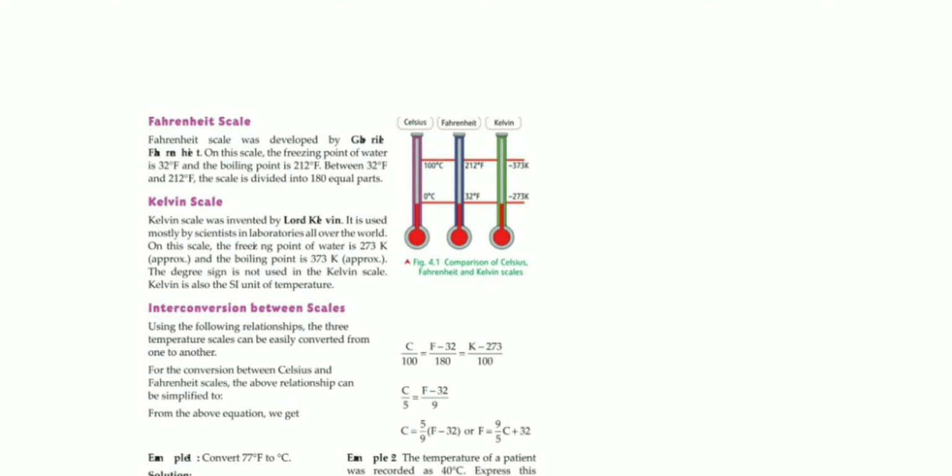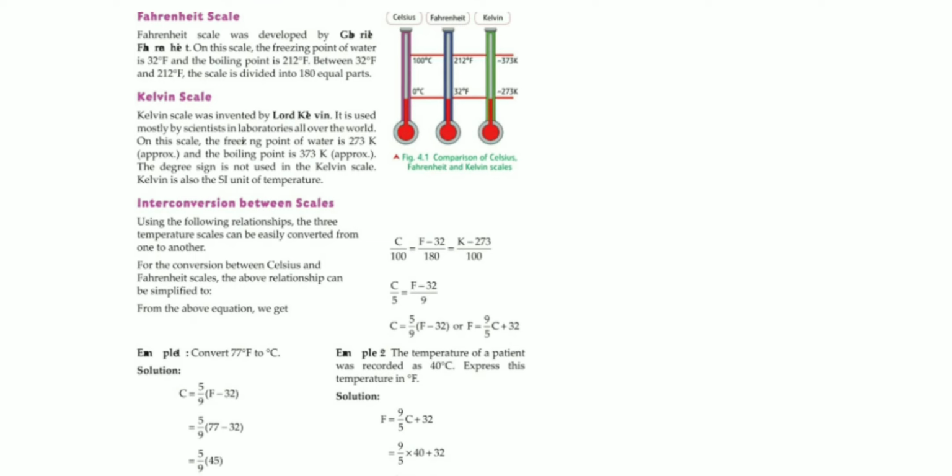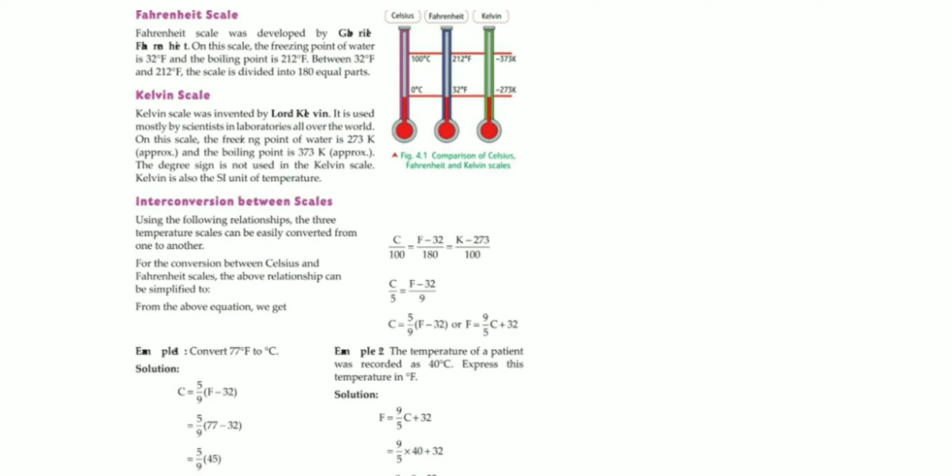Now in order to simplify it, that is for the conversion between Celsius and Fahrenheit scale, the above relationship can be simplified as, for example, here you know C by 100 is equal to F minus 32 by 180, that is equal to K minus 273 by 100.